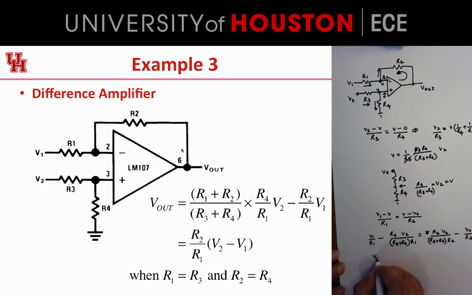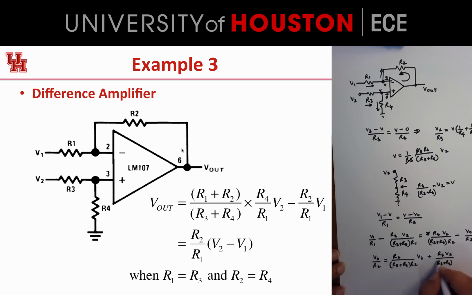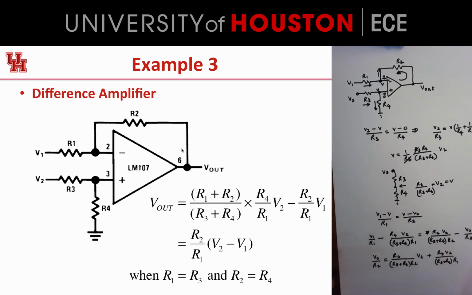So V output over R2 is R4 by R3 plus R4 times V2 over R2 plus R4 V2 over R3 plus R4 times R1, minus V1 over R1.